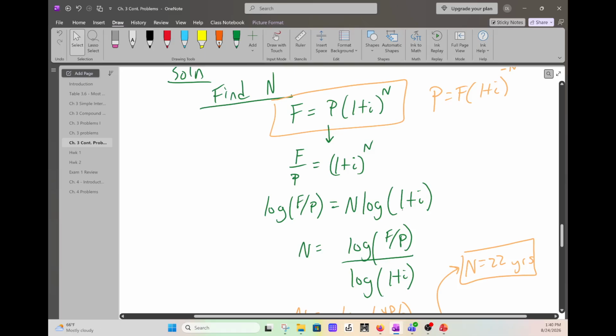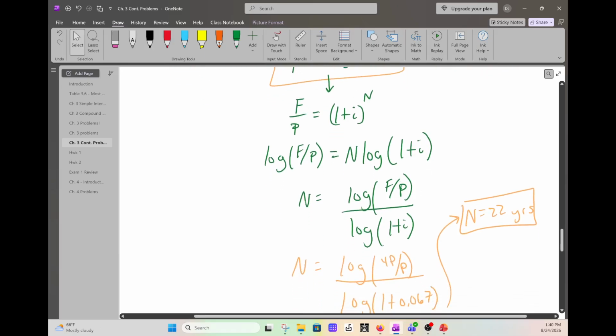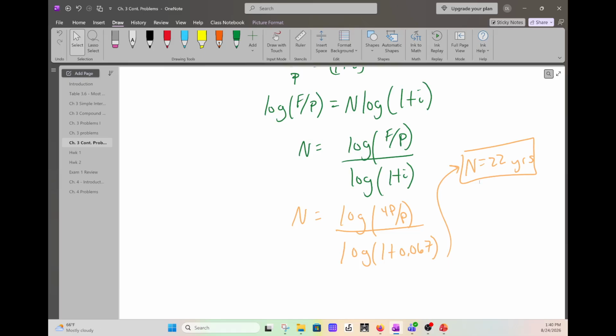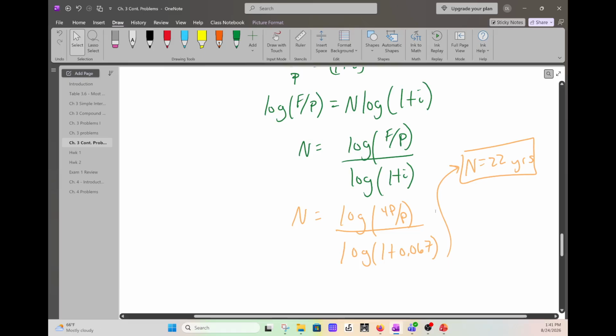So we get log of F over P. The log rule states that N goes up front, so it's N log of 1 plus I. And then you can solve for N, which is log of F over P divided by log of 1 plus I. Put in your F and P from the givens, and you can then solve for N. So there are times where you have to use some algebra to rearrange the equations, okay? So we get 22 years.